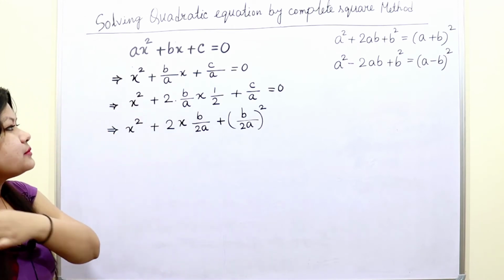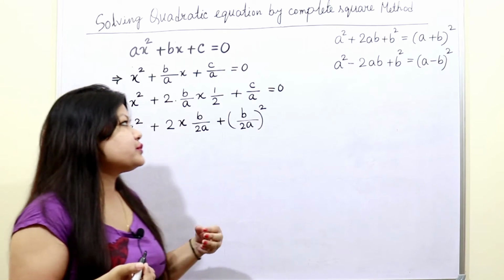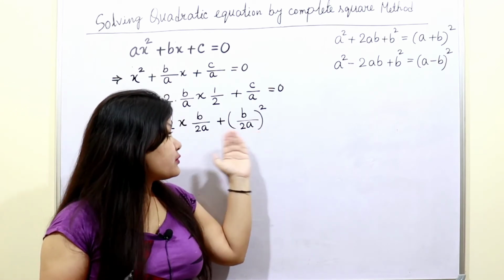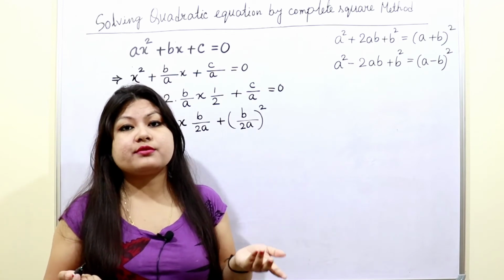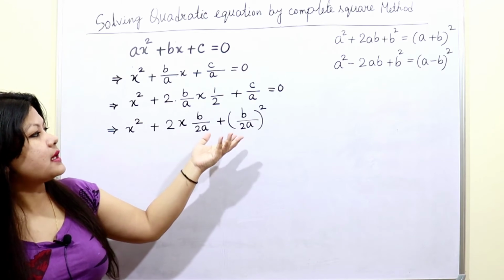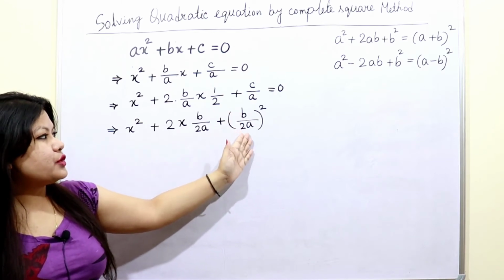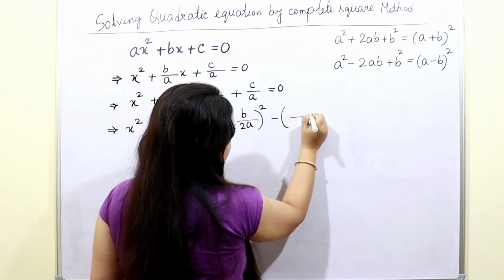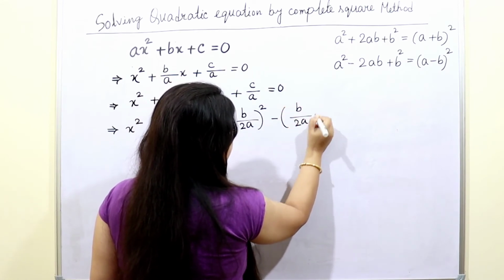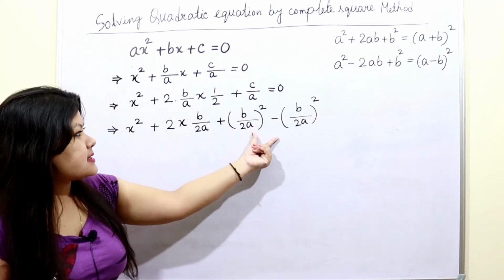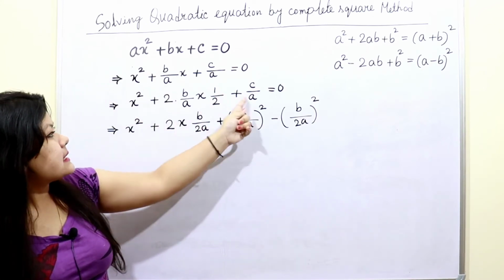If we add some term, then we also have to add the negative term, so that after cancellation it becomes the same value. Since we introduced b by 2a whole square, we have to write minus b by 2a whole square, so that after cancellation we get the same value.